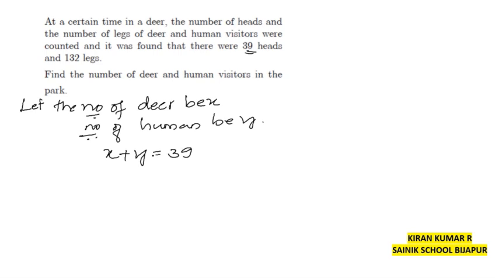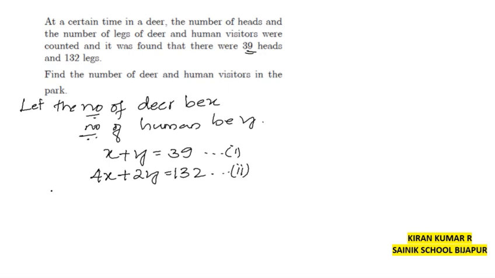Now how do we make the second equation, 132 legs? If you consider deer to be having 4 legs, I have to write 4 times x, number of legs of deer, and 2 times y, considering a 2-legged human being. So 132 is the total number of legs. Let this be equation 1 and this be equation 2.